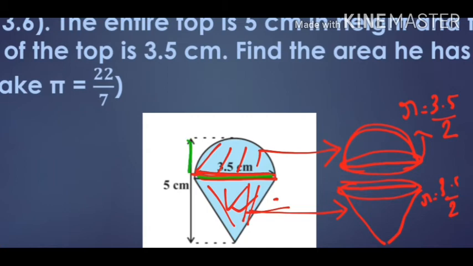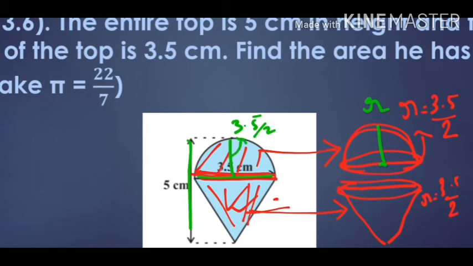Now, the height of this total lattu is 5 cm. Now, from here to here, look at here. If this is considered as the center of the hemisphere, then from here to here it is the radius, right? So this green portion will be 3.5 by 2.